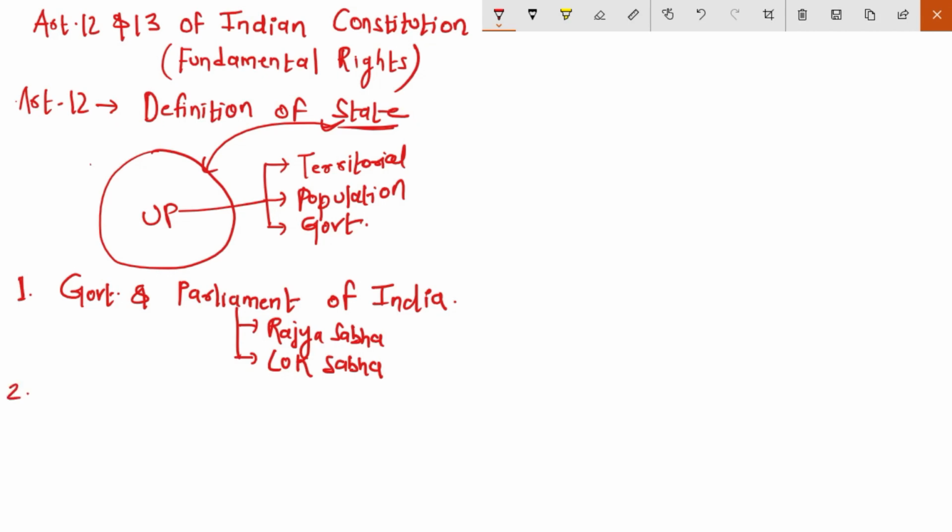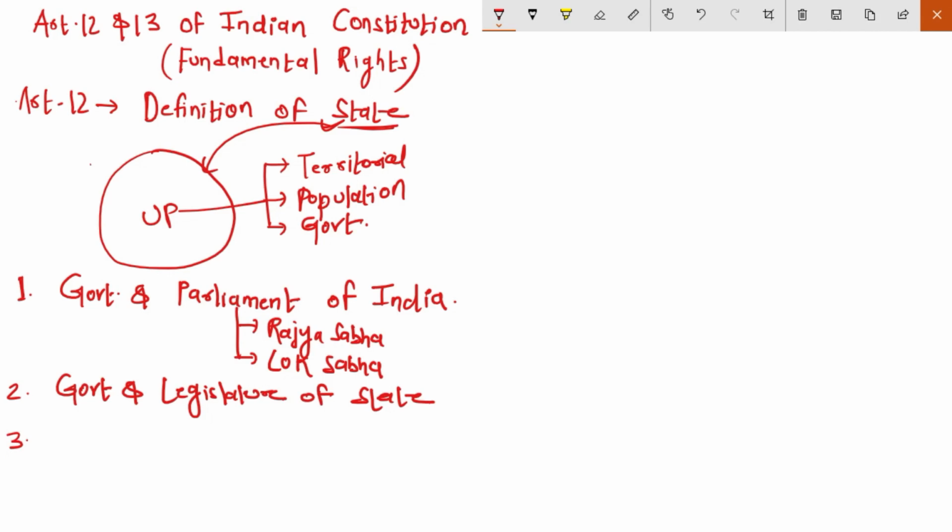Second is the government and legislature of states. As we have a parliament in the case of the whole of India, we have a legislature in the case of a state, which is assigned with framing of laws.